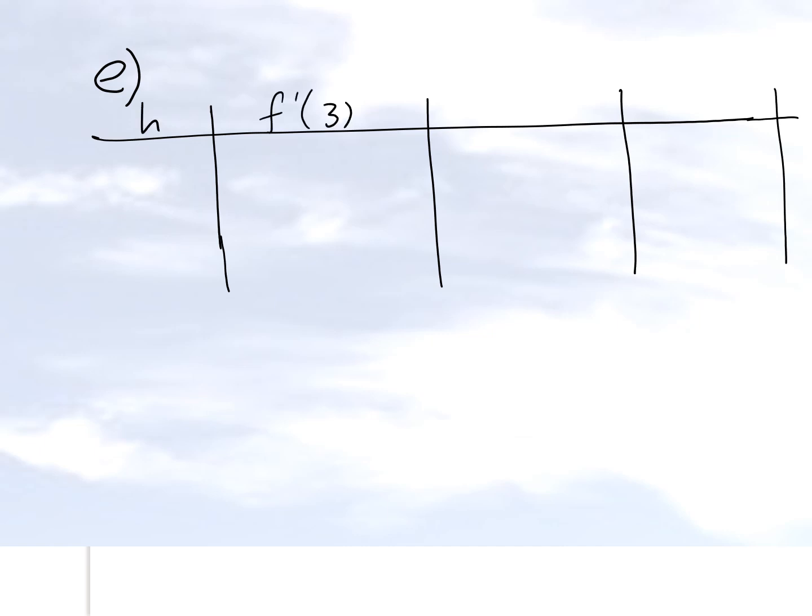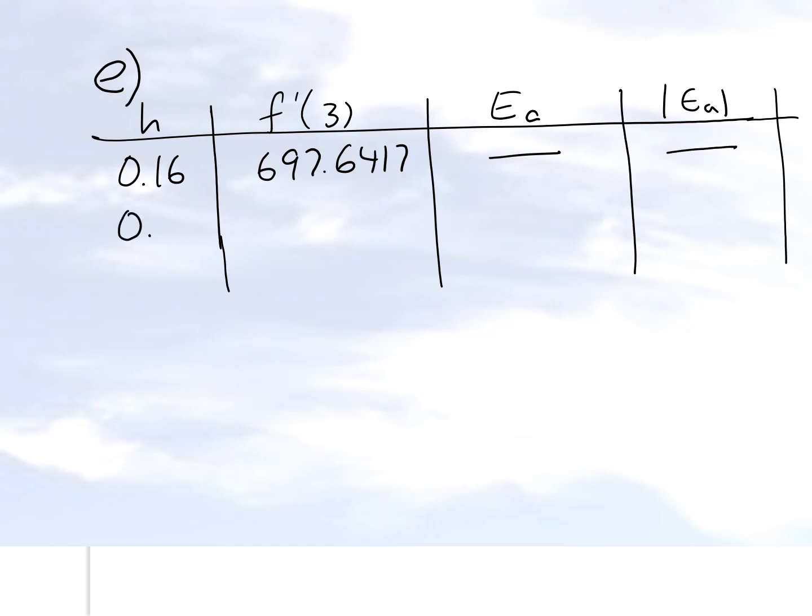We're going to show what the approximate error is and what the absolute relative approximate error is. We just calculated that the value for 0.16 of f prime of 3 is 697.6417. We cannot calculate the approximate error or the relative approximate error because that's the step size we started with.